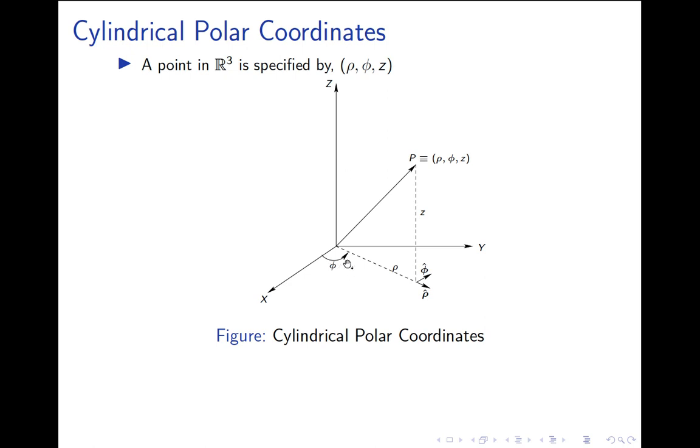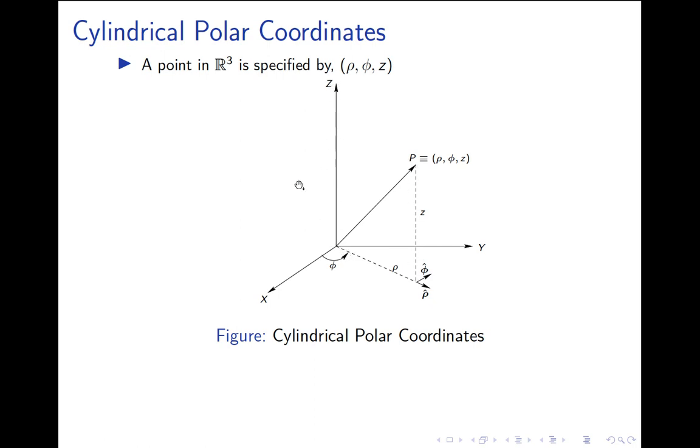So this gives you the azimuthal angle. And then z is the usual Cartesian z coordinate, which gives you how high from the xy plane this point P is located. So these three are the radial distance, the azimuth, and then z, which is called the axial coordinate.